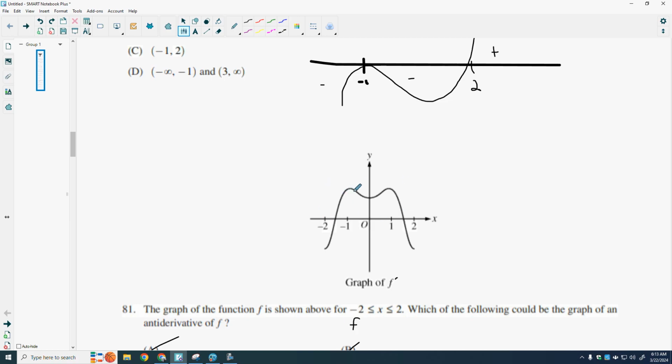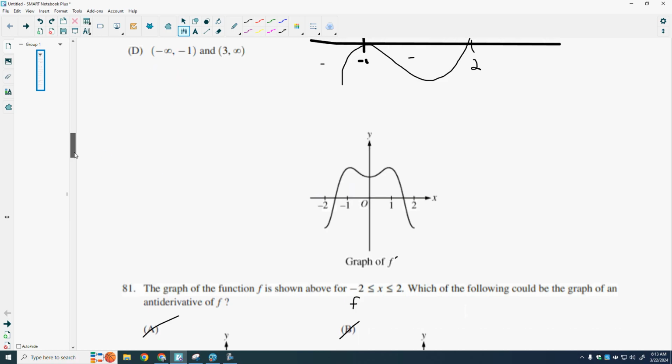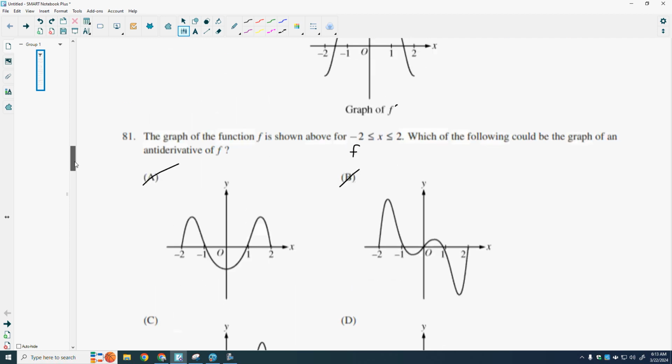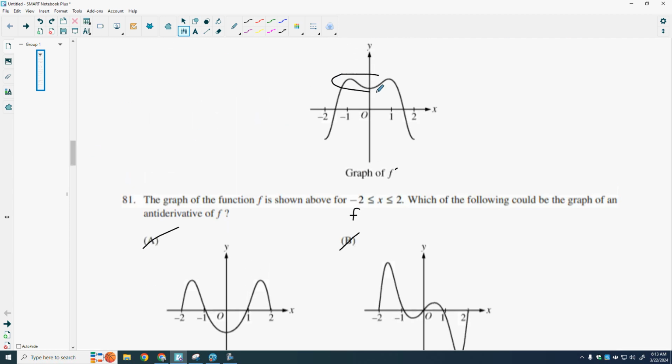It goes down to a smaller number. This might be like 2 and this is 1.8. So it's not increasing as fast, and that's kind of what this says. It's going up and it flattens just a little bit and then it keeps going back up. This little deal right here is the little bump we have coming down right there. It's still increasing. It just increases a little bit slower.